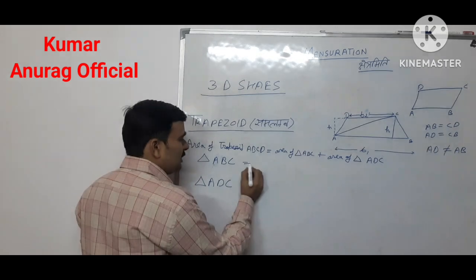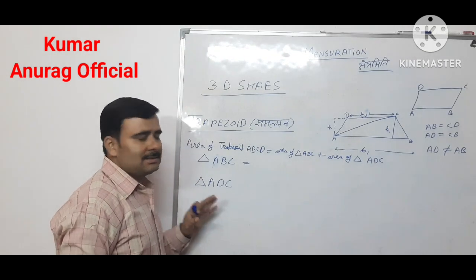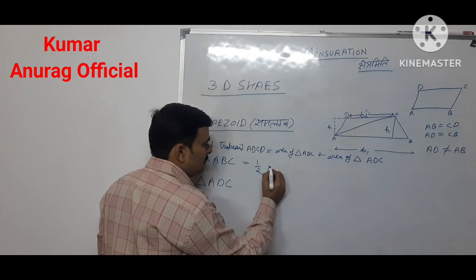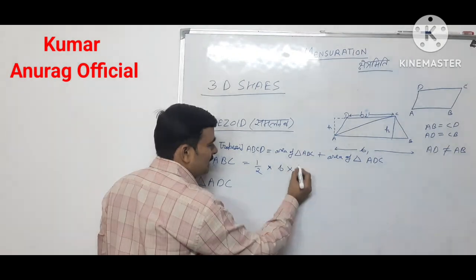Now, as we know, the area of a triangle is half base into height.